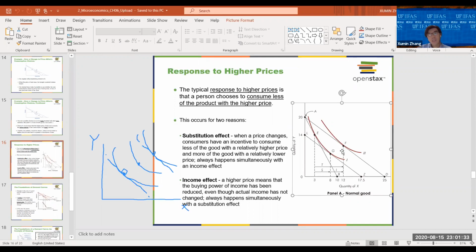And then, as you can see, first we have the so-called income effect. It really doesn't matter whether the substitution effect or the income effect comes first, but in this case I'll start with the income effect. If I draw a parallel line, we treat the price increase as similar to an income decrease.